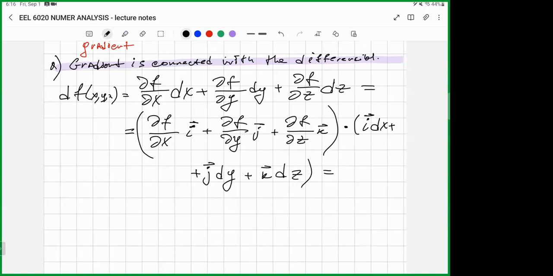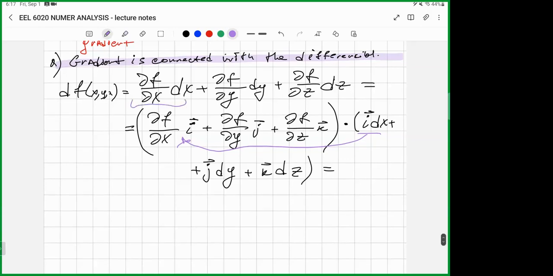So these two vectors. Why? Because when I take this product, for example, i times i, the inner product of these two gives us 1. So the result will be df over dx times dx.